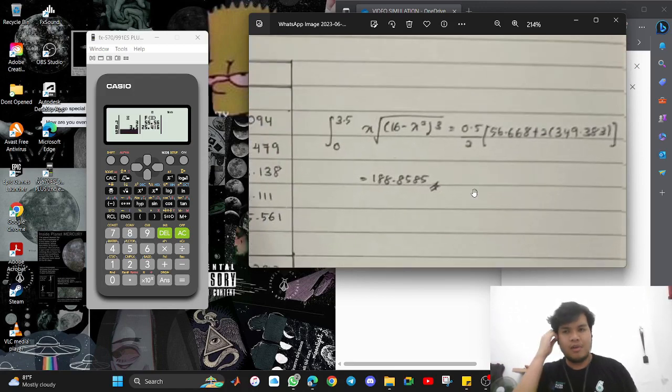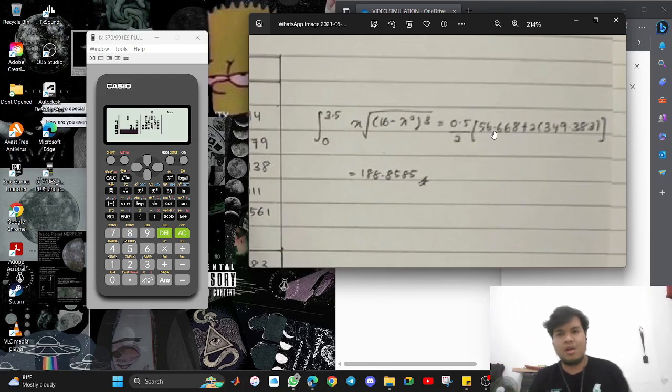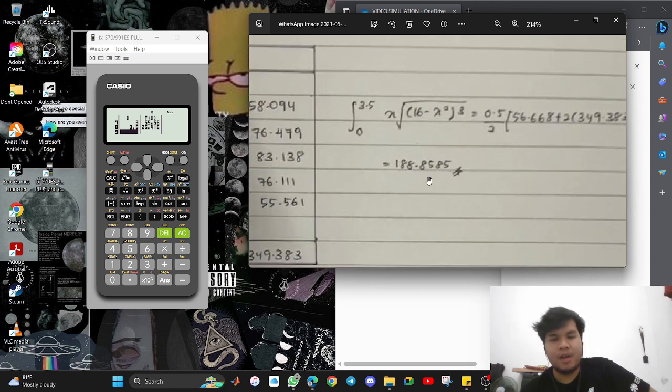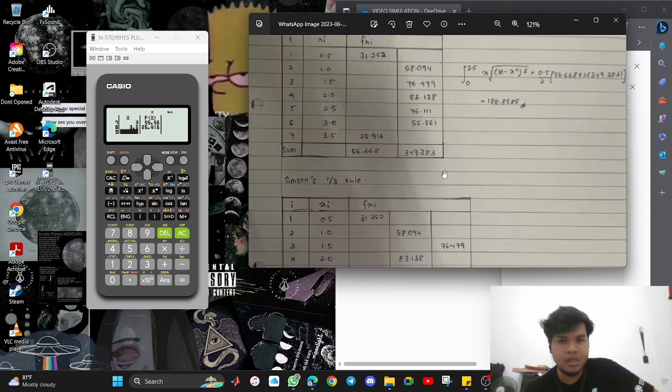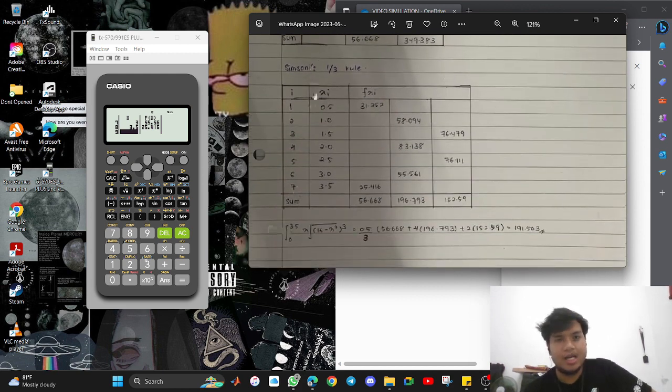So h divided by 2, because a trapezoidal, by using two element, that was the two of sum. So in bracket sum first, and then plus by 2 multiplied by the second sum. So I got 188.85.